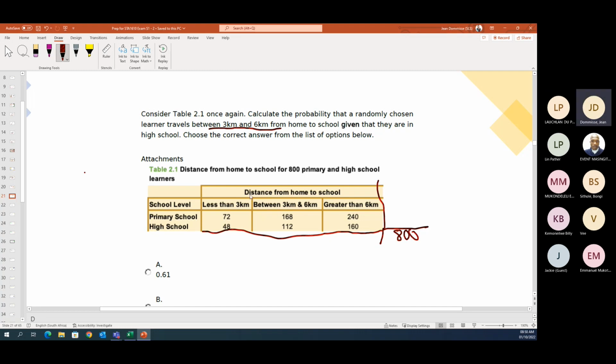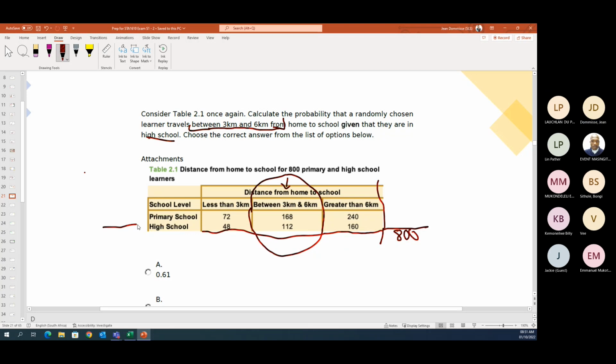They tell us between 3 and 6 kilometers from school. So that is going to be our focus, given that they are in high school.